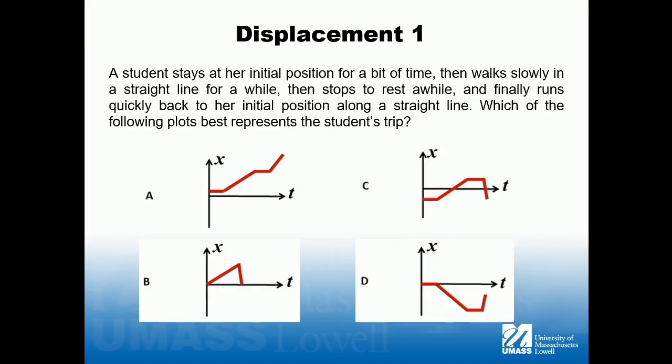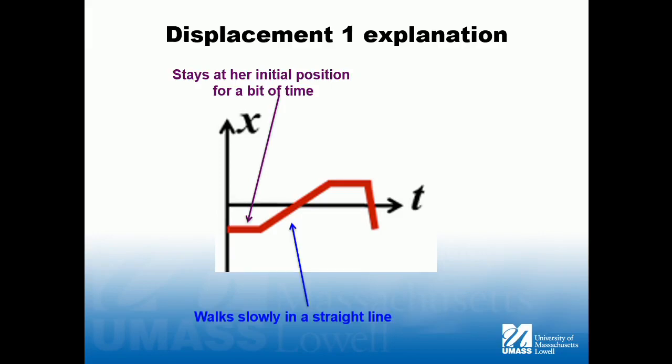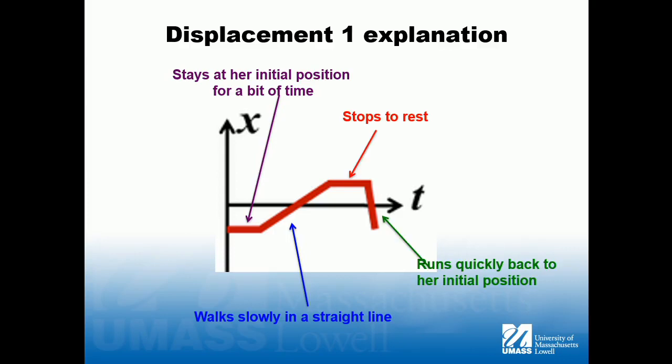Okay. You're also told that for certain points of time in this, you're staying at rest. At rest is a line parallel to the time axis. So that is your correct response because you stay initially at rest for a little bit of time, then you move at a constant velocity, so that walks slowly in a straight line, stops to rest, and then runs quickly back to their initial position.